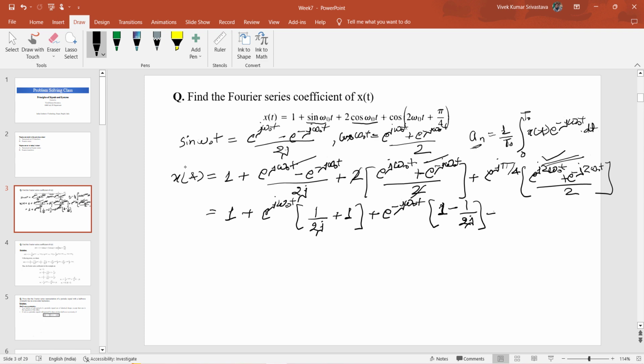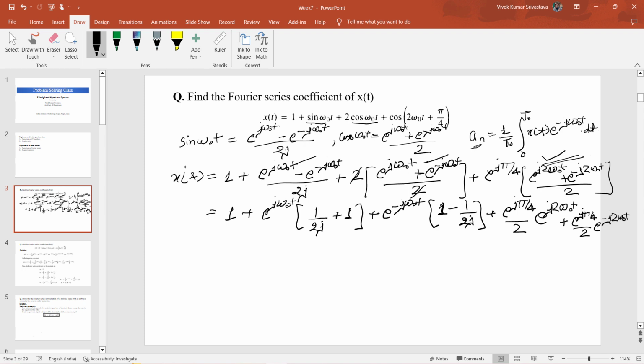Now for the next term we can take the factor e raised to the power j pi by 4 by 2 into e raised to the power j 2 omega naught t plus e raised to the power j pi by 4 by 2 into e raised to the power minus j 2 omega naught t.